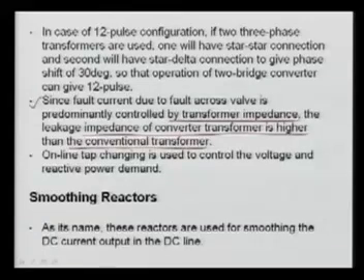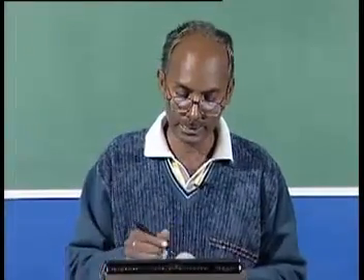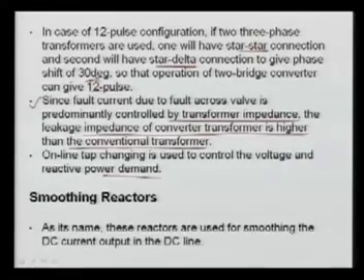In the case of the 12-pulse configuration, if 2 3-phase transformers are used, one will have star-star, another will have star-delta. Already I explained, because we have the inherent 30-degree phase shift, we can achieve the 12 pulse by adding 2 6-pulse bridge converters. Online tap changing is used to control the voltage and the reactive power. We use the online tap changing transformer to control the voltage.